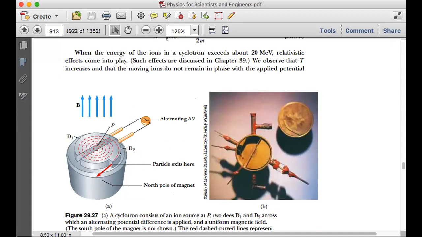If we want to know about the structure of matter, we need more energy to penetrate deeper into the material. But today, the cyclotron can be used for medical purposes, like MRI, for example, and X-ray, because it can also produce X-rays through collisions.